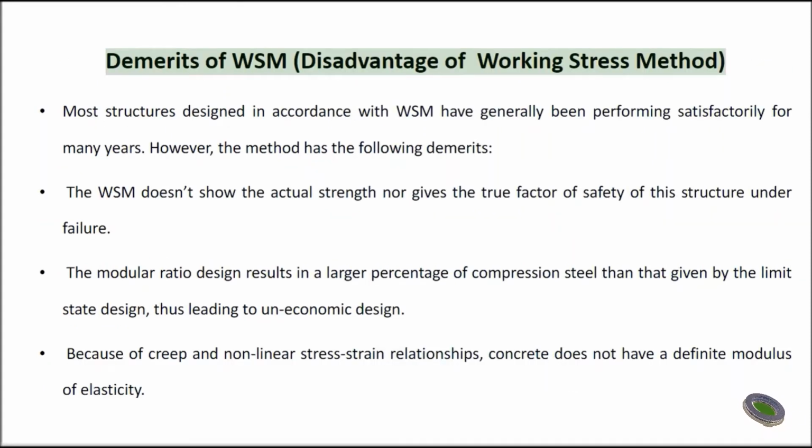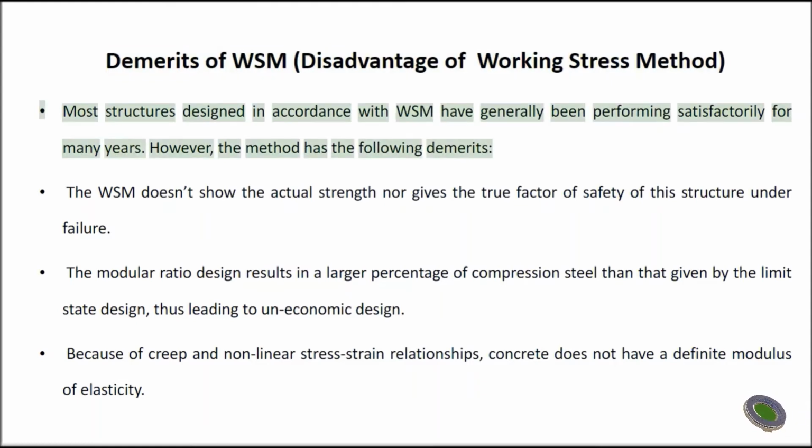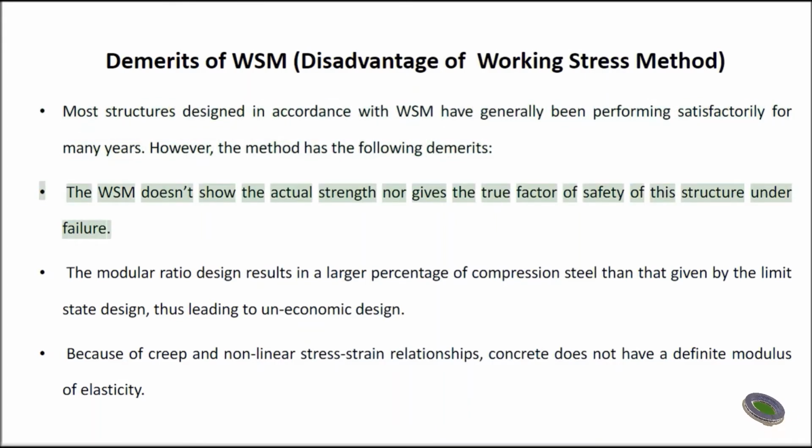Demerits of WSM, disadvantages of working stress method. Most structures designed in accordance with WSM have generally been performing satisfactorily for many years. However, the method has the following demerits. The WSM doesn't show the actual strength nor give the true factor of safety of the structure under failure.